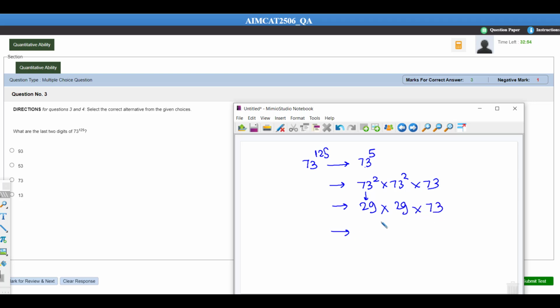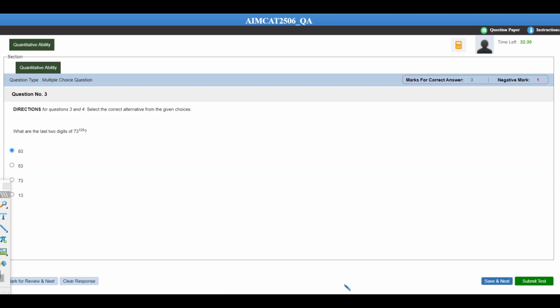Last two digits of 29 into 29: 29 squared is 841, so 41, then into 73. The last two digits of this multiplication: 3 into 1 is 3. After that, 7 into 1 is 7 plus 12 is 19, that is 9. The last two digits of this multiplication are 93. So we are going to mark the first option.